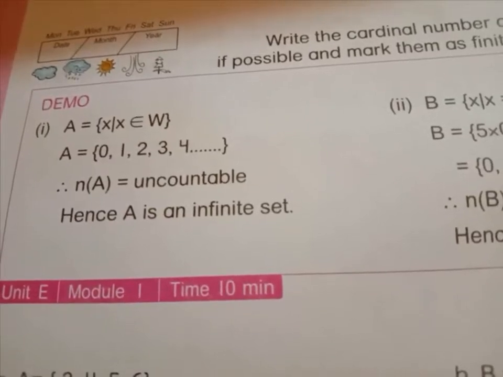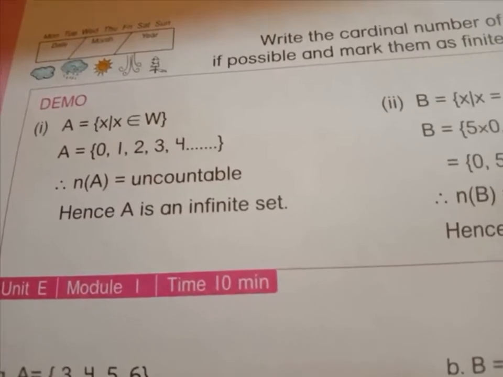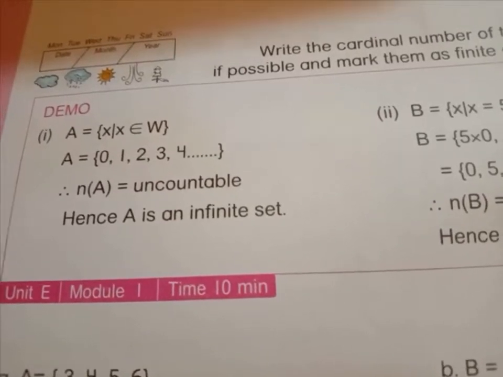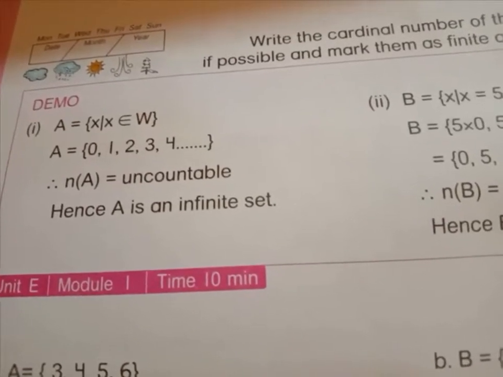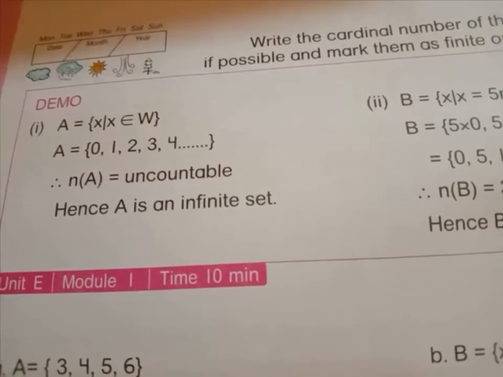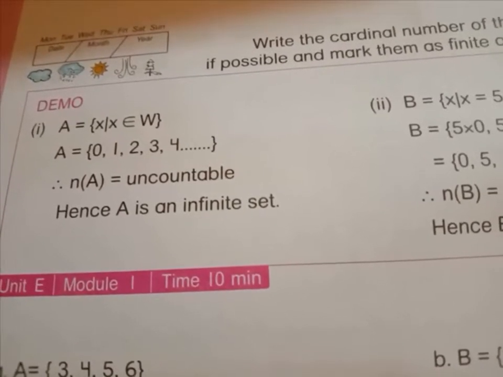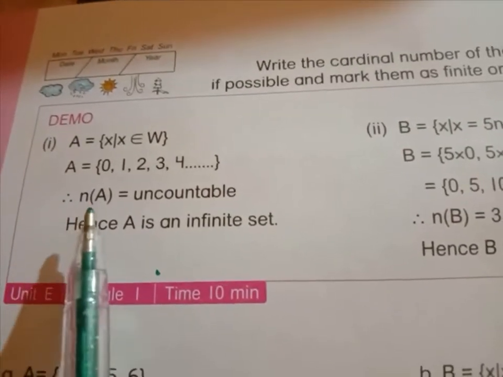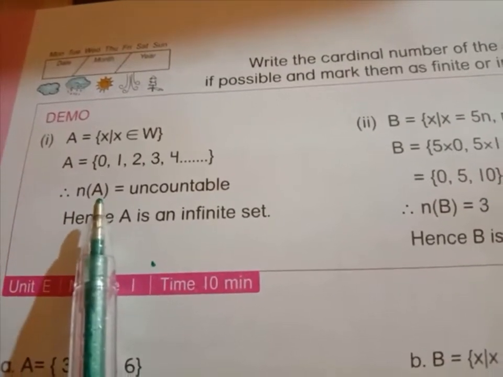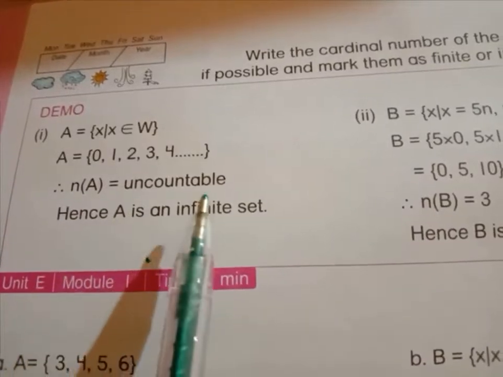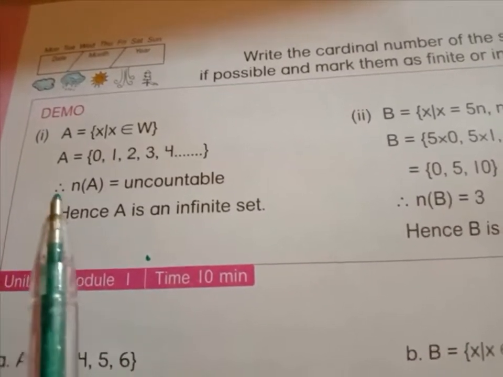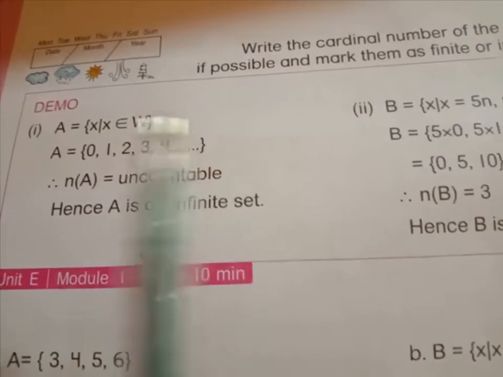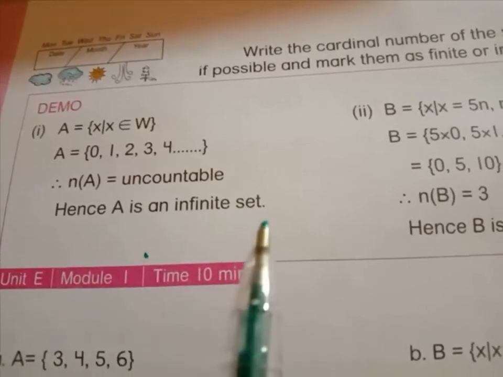So A can be represented within curly brackets as 0, 1, 2, to infinity. Since the number of elements in set A is uncountable, see how it is written. Therefore, n(A) equal to uncountable. This is the cardinality symbol. n(A) uncountable. Hence, A is an infinite set.